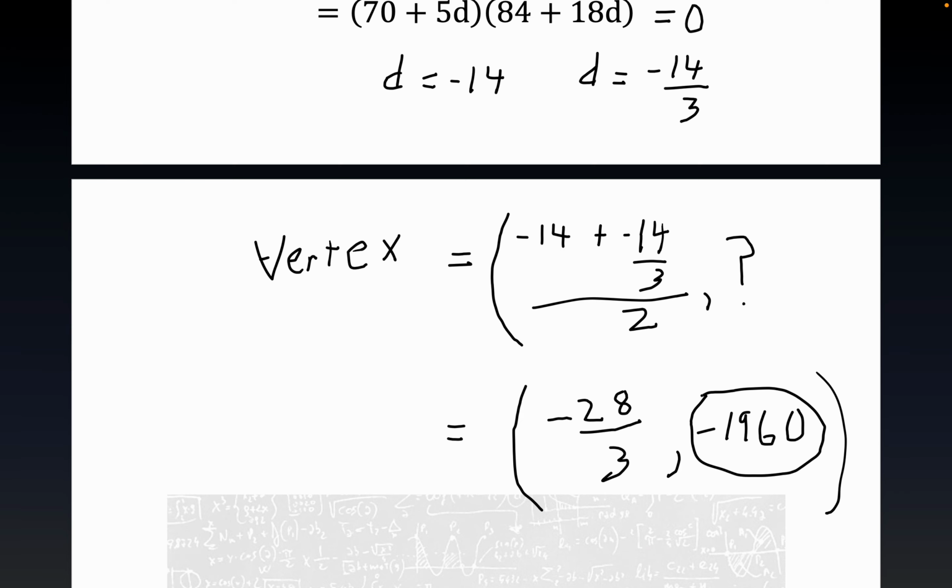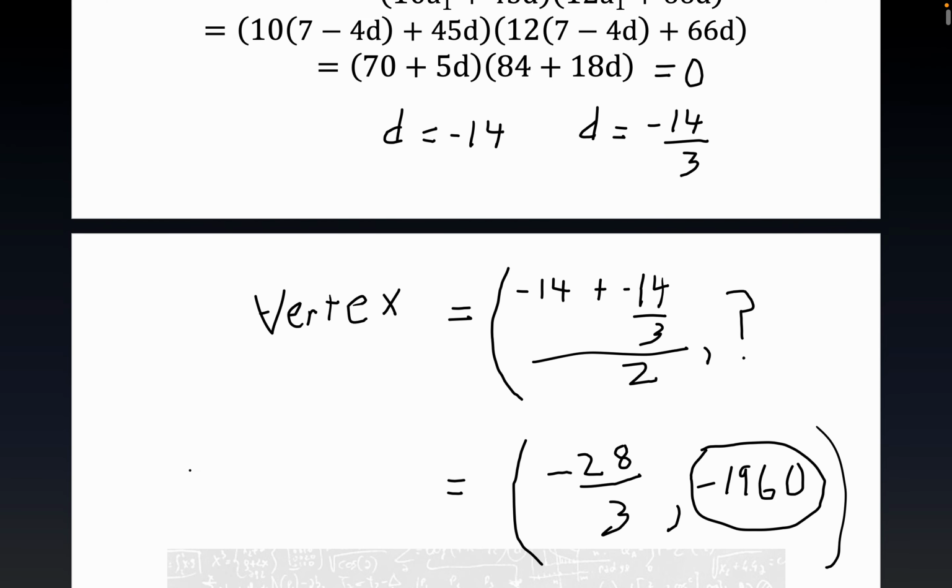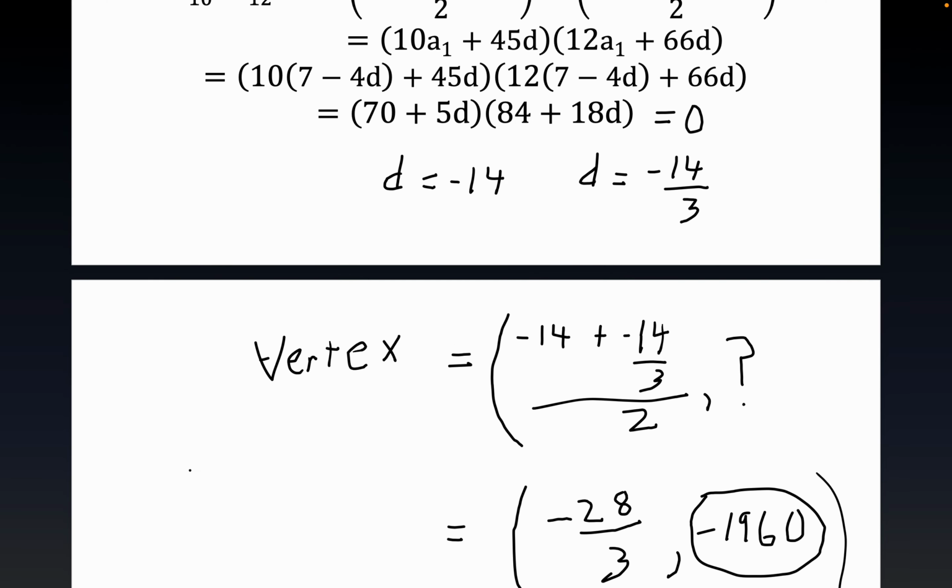Now this is kind of an unsettling problem in the sense it's hard to verify, but what you could do, if you don't believe this is the smallest one, is pick any other value of d. For example, if you pick d equals 0, you get a number much bigger than minus 1960. If you pick any positive number, it's going to be much bigger than minus 1960. So you could check some negative numbers. Just try some.